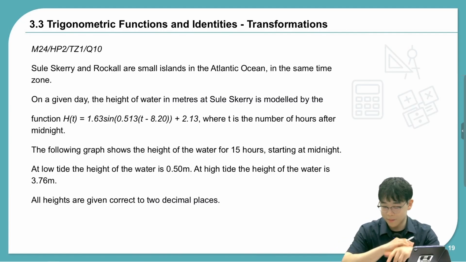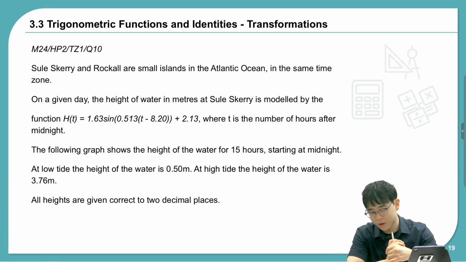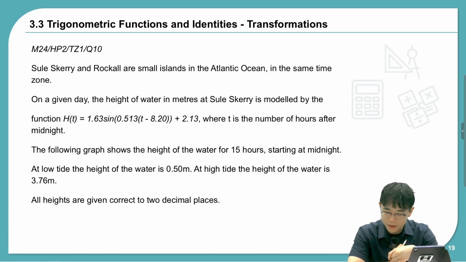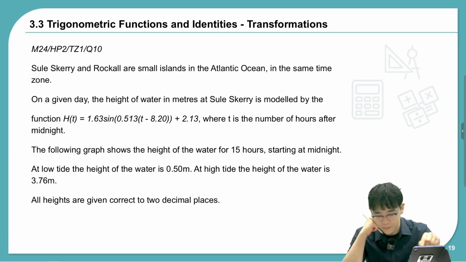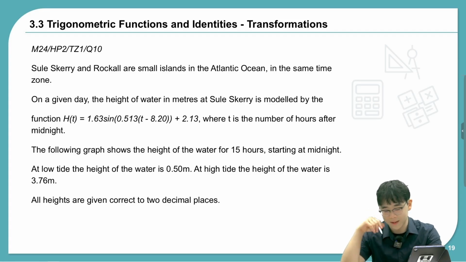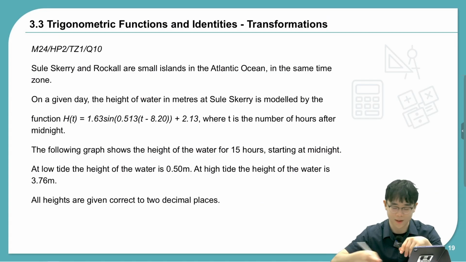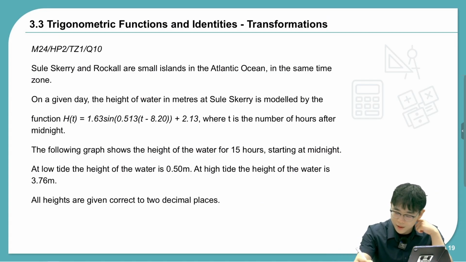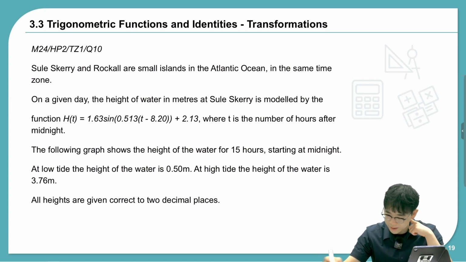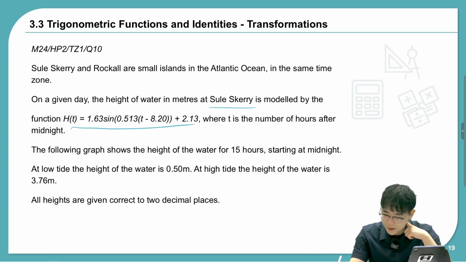All right, so number 10, we have a trigonometric function and transformation of functions type of problem. So we would keep our calculator close by, but we also want to pay attention to details because sometimes there are shortcuts where we don't necessarily have to punch this into the calculator, okay? So the height of water in Sulskeri, some islands, is modeled by this function right here.